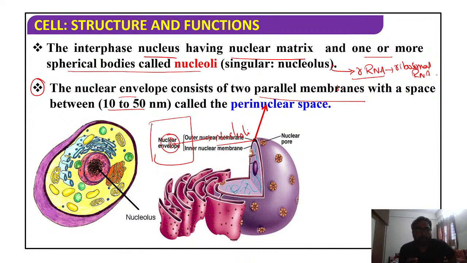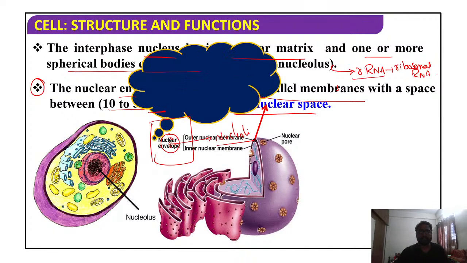The gap or space present between these two membranes we call the perinuclear space. Its dimension is 10 to 50 nanometers. Check the units here. They may ask in angstroms, so you should not get confused, guys.